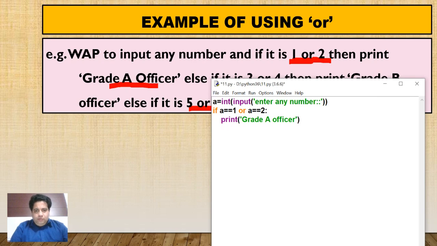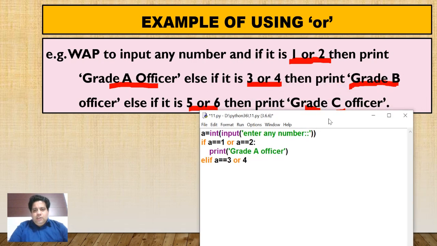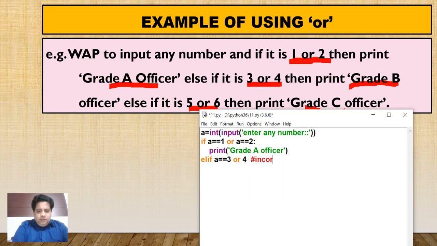Elif, if it is 3 or 4. Now you cannot write like this: elif A equal to 3 or 4. This is wrong. This is incorrect. You have to mention the condition each time.